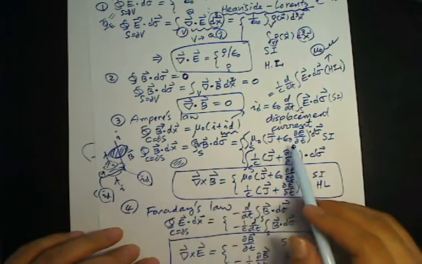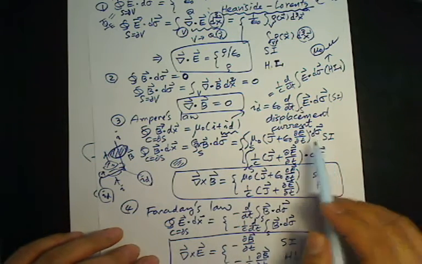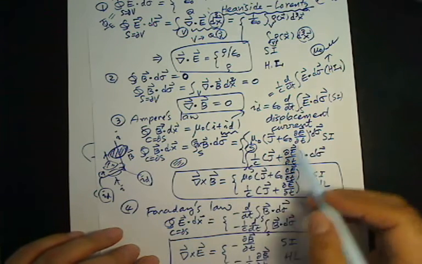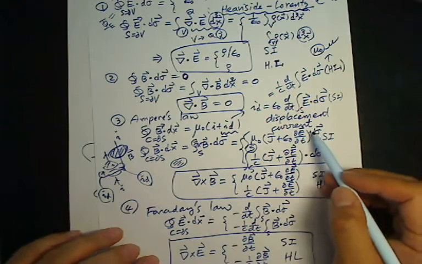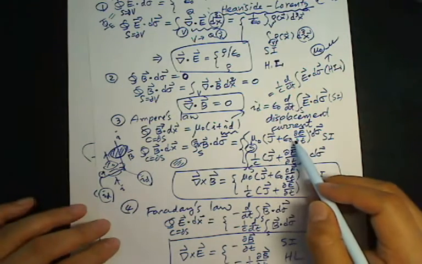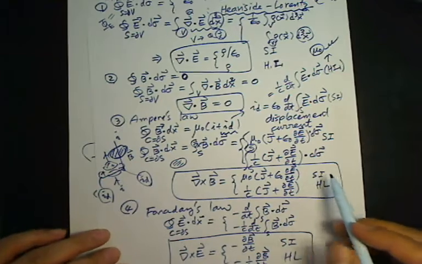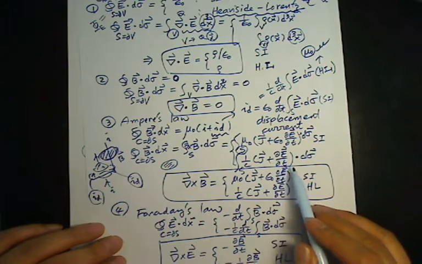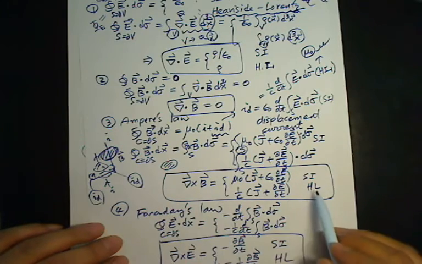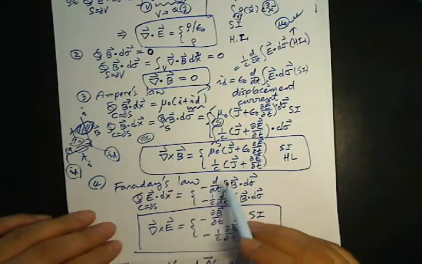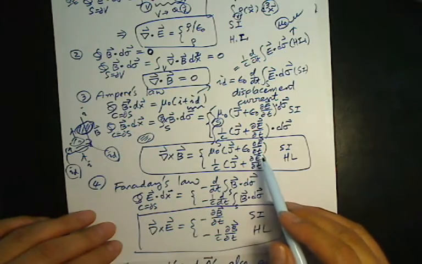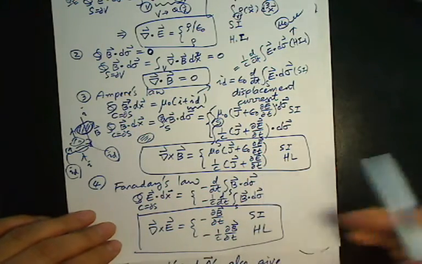So right inside, the currents are expressed in terms of the surface integral with the scalar product of the current density. Finally, in the SI unit, curl B is mu 0 J plus epsilon 0 times partial E over partial t. And in the Heaviside-Lorentz unit, curl B is 1 over c multiplied by the current density plus partial E over partial t.